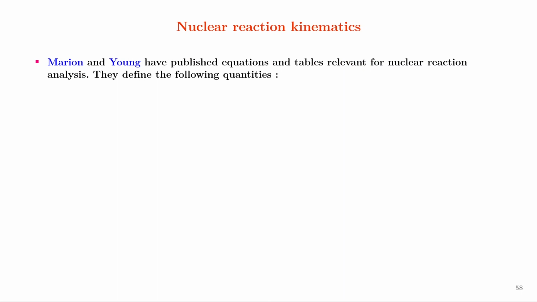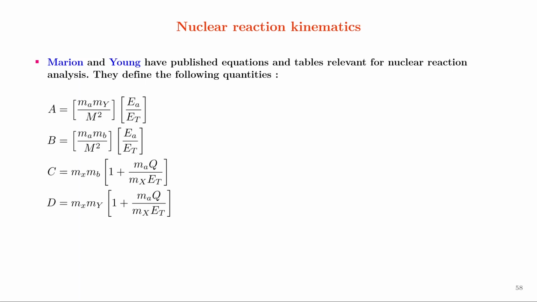Marion and Young have published equations and tables relevant for nuclear reaction analysis. They define the following quantities: A equal to MA times MY over M squared times EA over ET, B equal to MA times MB over M squared times EA over ET, and C equal to MX times MB times 1 plus MA Q over MX ET, and D equal to MX times MY times 1 plus MA Q over MX ET.